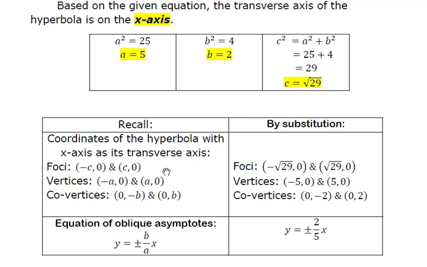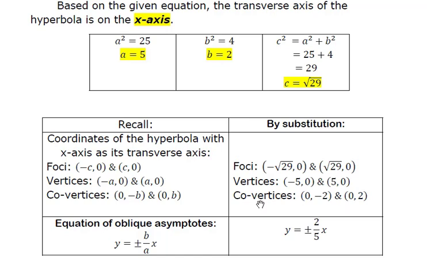Let's see. Recalling the values, by substitution, we have foci, plus or minus c, 0. So c is the square root of 29, so we have negative square root of 29, 0, and square root of 29, 0. Done. Vertices, plus or minus a, 0, so we have negative 5, 0, and 5, 0.